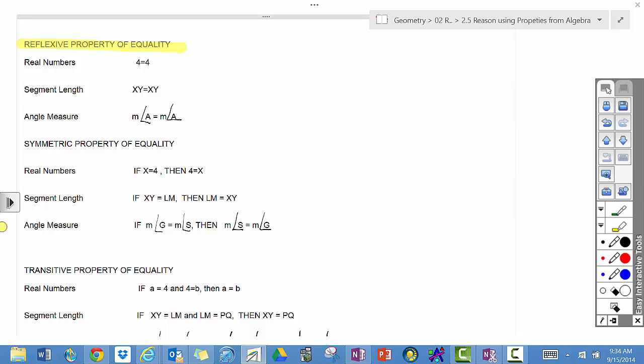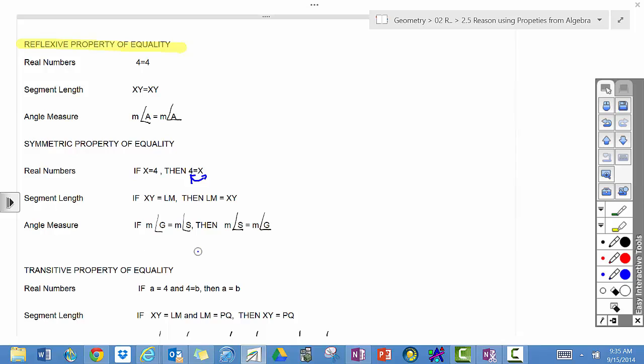Symmetric property of equality. This is when you switch. You will see 2 steps in your proof for this. If x equals 4, then 4 equals x. So what we're saying is we can switch things around an equal sign and it still means the same thing. If your grade equals 90, then 90 equals your grade.